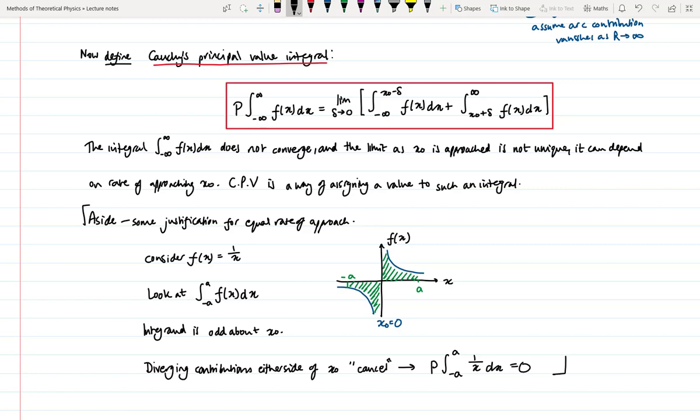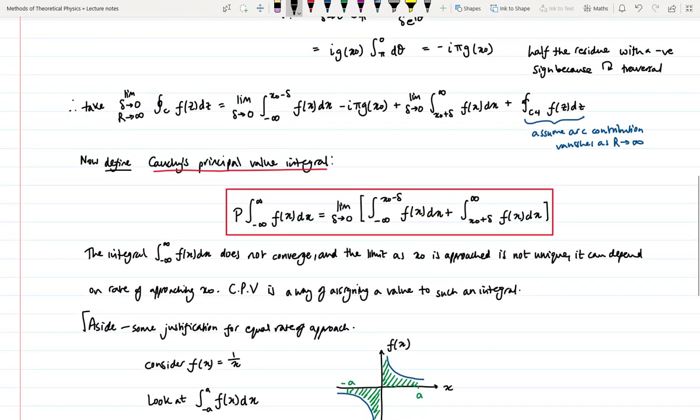Okay, looking back at what we had earlier, we had shown that our contour integral over here, we took the limit as delta tends to 0 and r tends to infinity of our contour integral. And on the right hand side we now have the principal value of our integral minus I pi times g of x0. I'll write that down below.